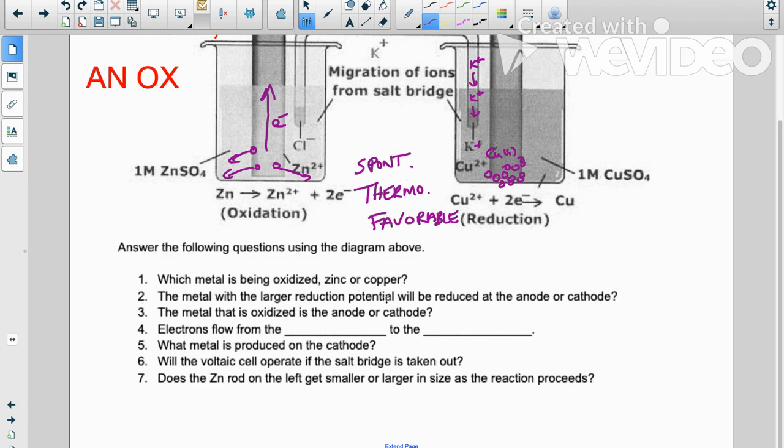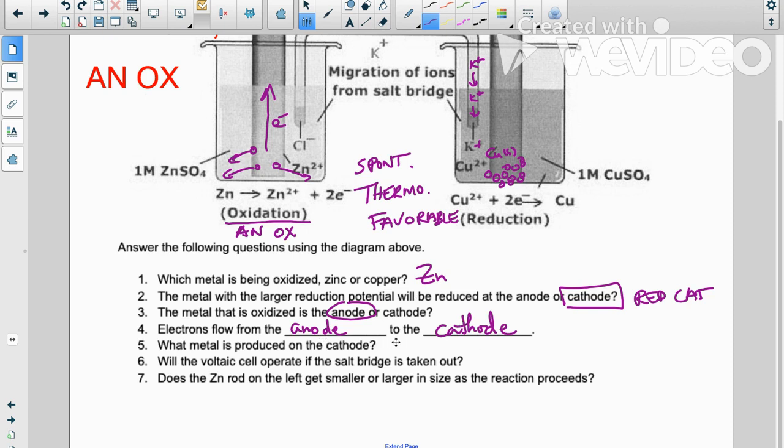So here, just in terms of questions, which metal is being oxidized? That would be the zinc, as it's labeled here. The metal with the larger reduction potential will be reduced at the cathode because of red cat. The metal that's oxidized, and ox, is the anode. And electrons always flow from the anode, where oxidation occurs, to the cathode, where the electrons reduce the substance.